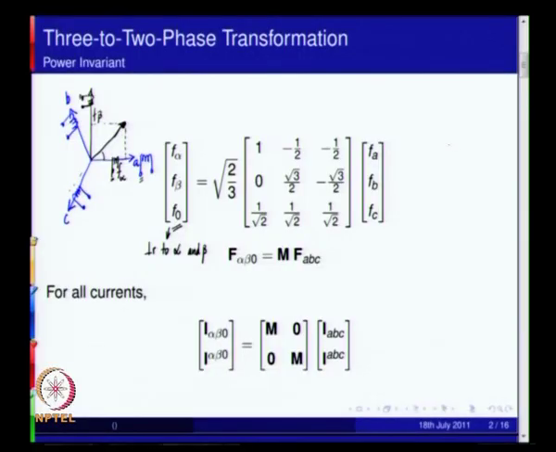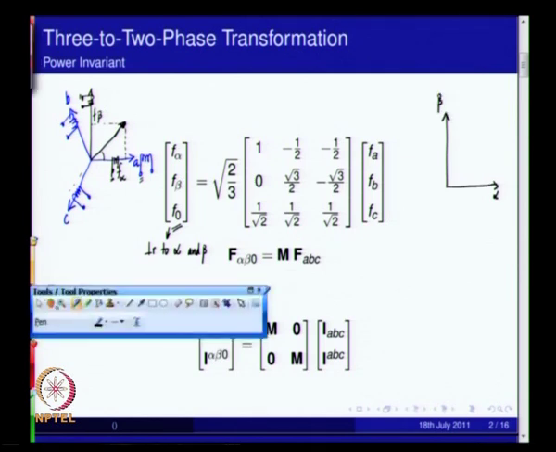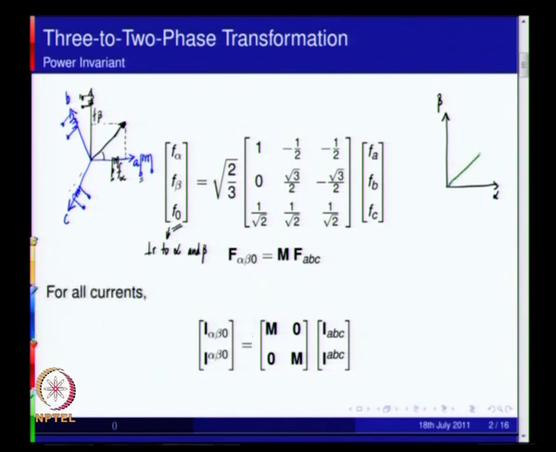So you now have, instead of the three ABC phases, you have a stator alpha axis, a stator beta axis, and then you have a rotor alpha axis and then a rotor beta axis, call it beta r, and that makes some angle at a given instant which is equal to the rotor angle, that is the theta r that you are talking about.